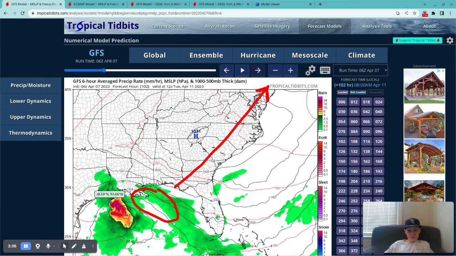I'm just joking, but if you had extreme heavy rainfall like what's showing up here with the pink, if you had that steadily falling for hours, you could get rainfall totals over 10 inches.